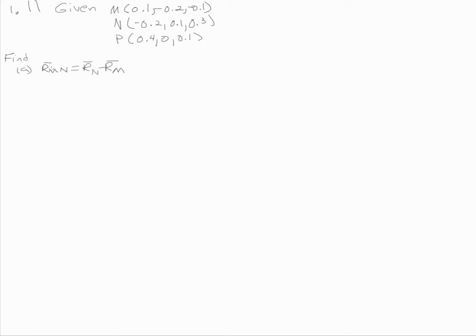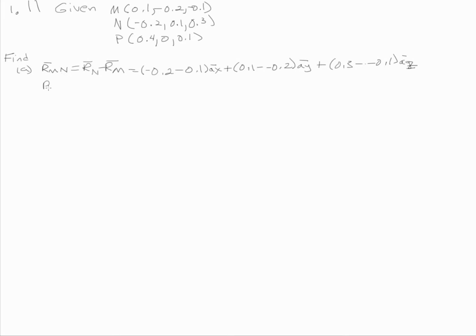And so if it had been like R1, 2, you do R2 minus R1. So that's going to be R_N, which is minus 0.2 minus 0.1 times Ax, plus R_N, which is 0.1 minus minus 0.2 Ay, and then plus 0.3 minus minus 0.1 Az.